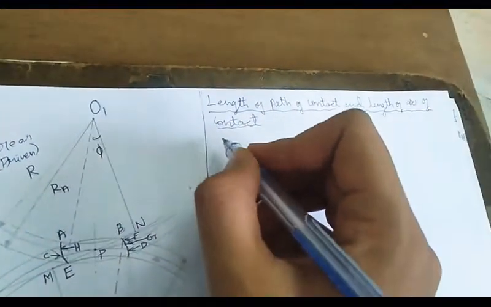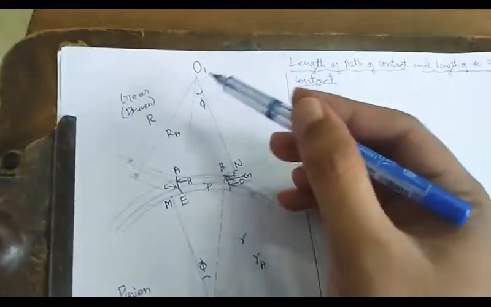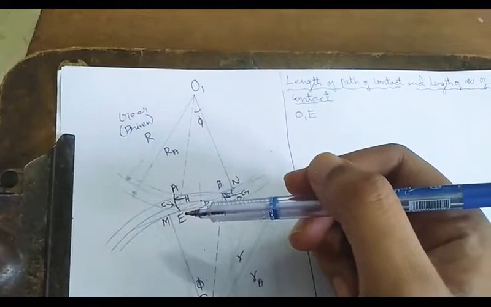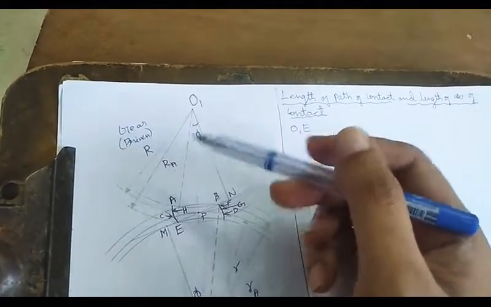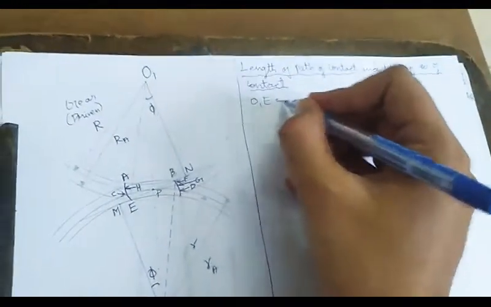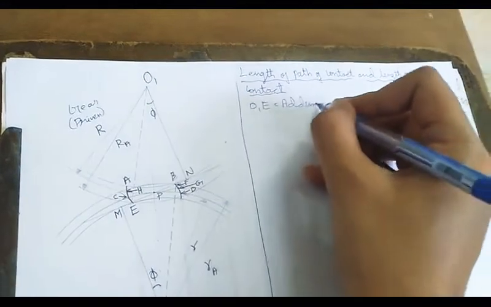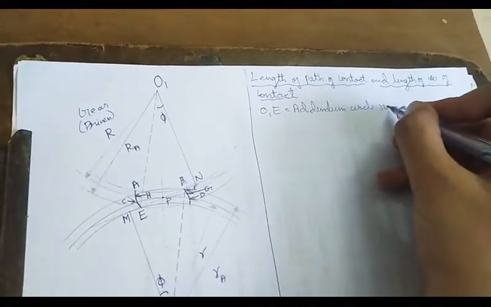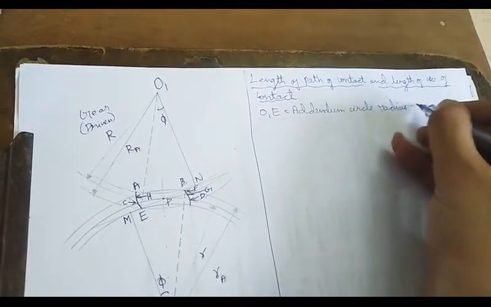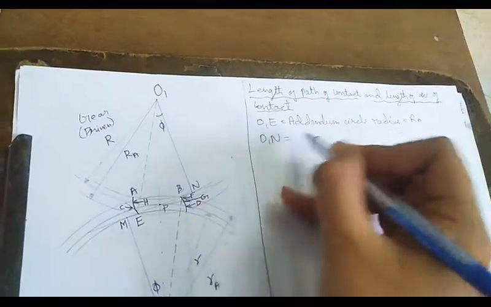Similarly, O1E, from the figure, is the addendum circle radius of the gear, Ra. Next, O1N.